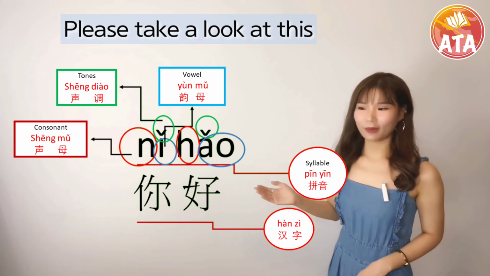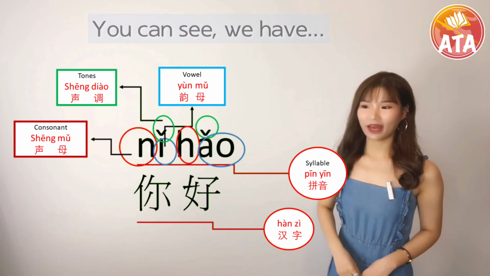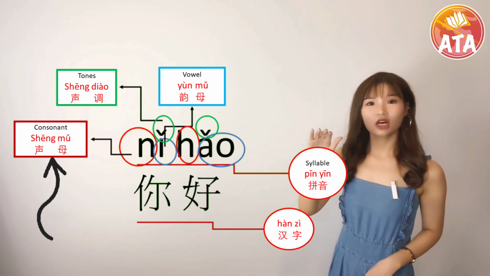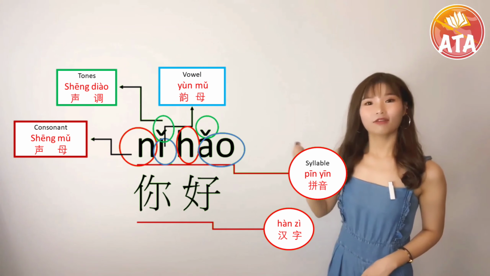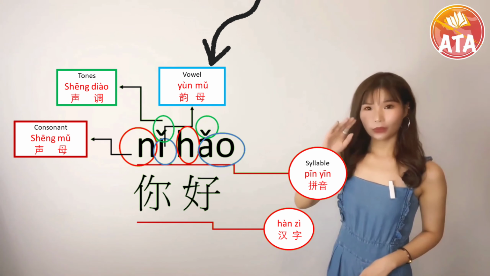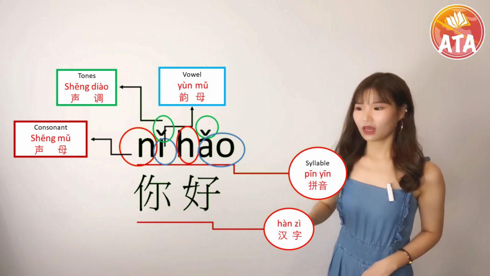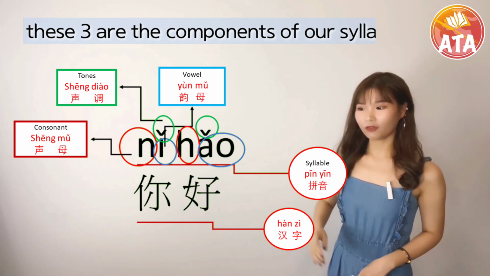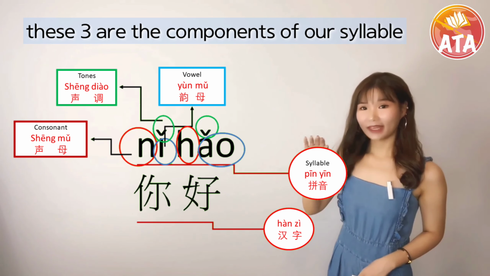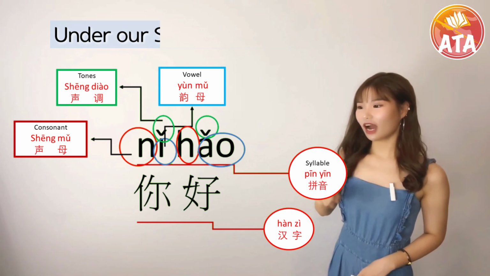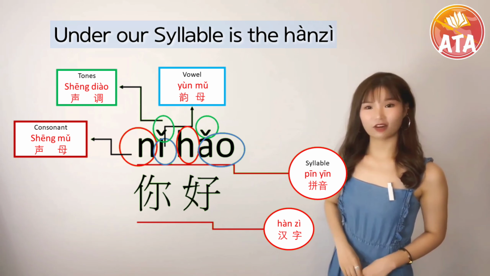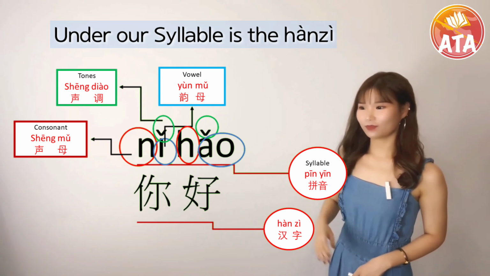Please take a look at this slide. You can see we have the consonant, 声母, vowels, 韵母, and 声调, the tones. Those three compose our syllable, 拼音. Then under our syllable are our Chinese characters, 汉字.